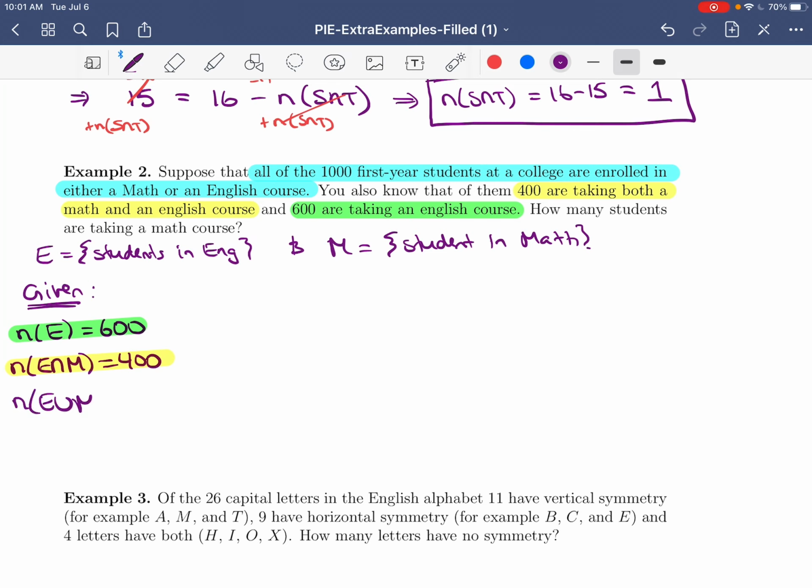So the number in the union is 1,000, because all of these 1,000 students are in at least one of a math or English course. And then what we want is the number that are in math. They could be taking English as well, but we just want to know how many are taking a math course.